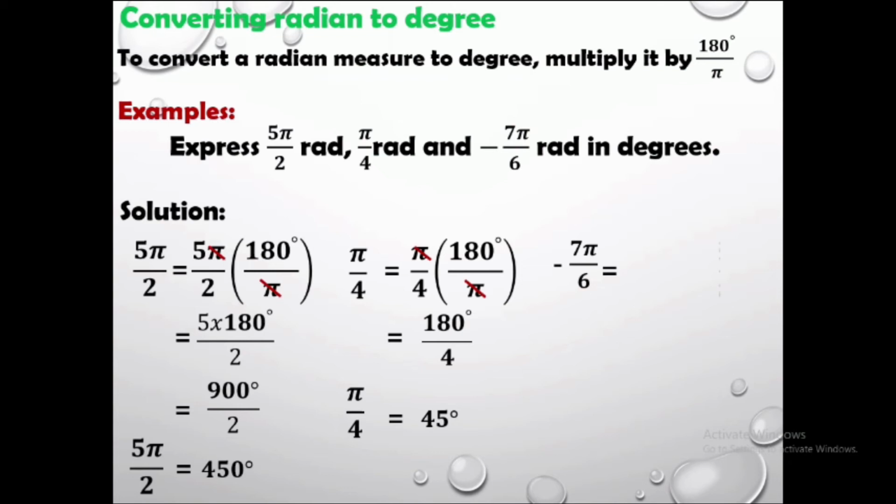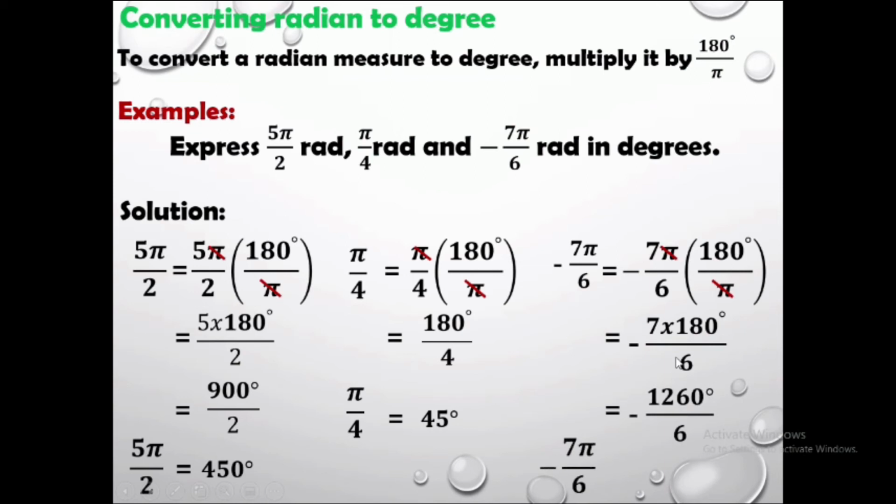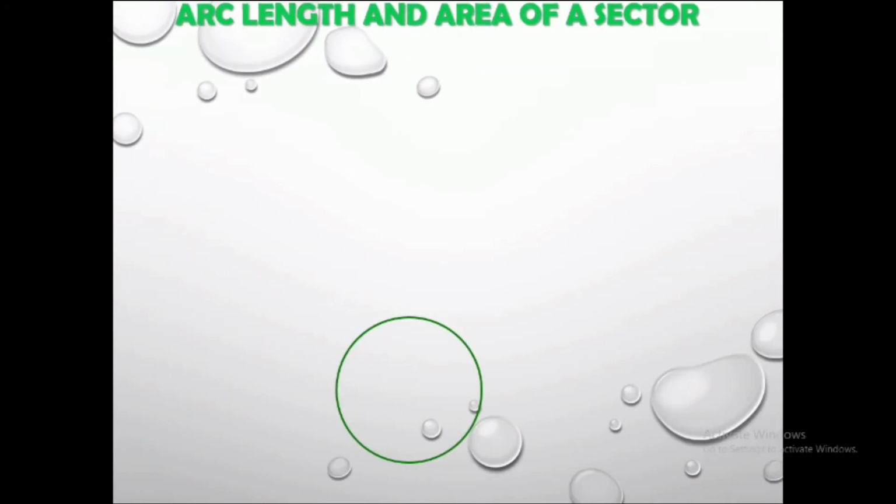Negative 7 pi over 6 multiplied by 180 degrees over pi. Cancel natin yung pi. So, the product is negative 1,260 degrees over 6. Therefore, negative 7 pi over 6 equals negative 210 degrees.